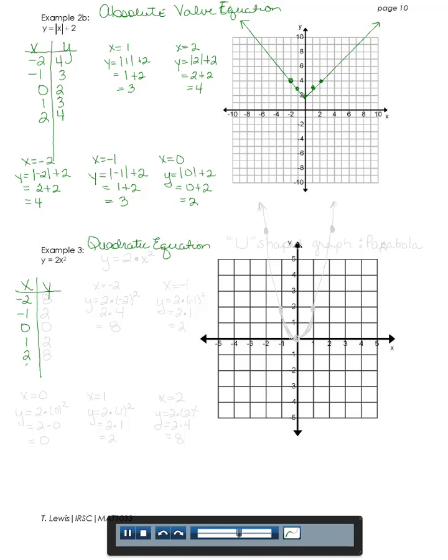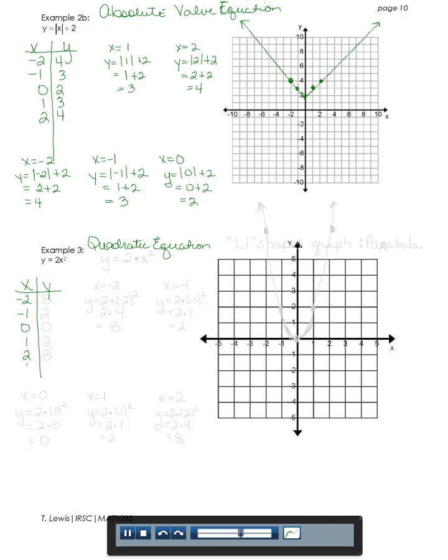This is the point I want to get to you. This can always be your fallback. If you can't remember anything else, you know how to create an XY table and put some points in there and plot it that way. That's what I want you to see.